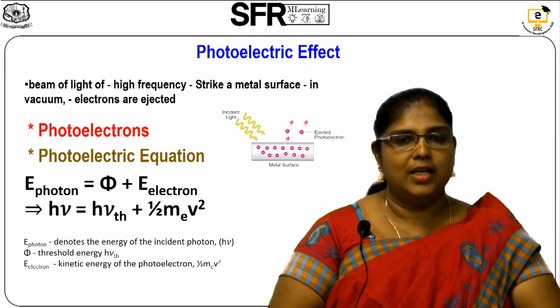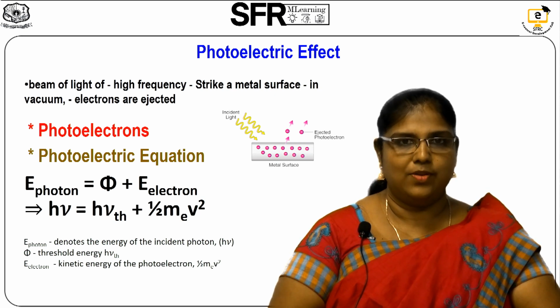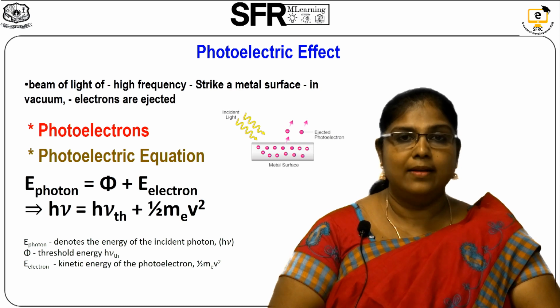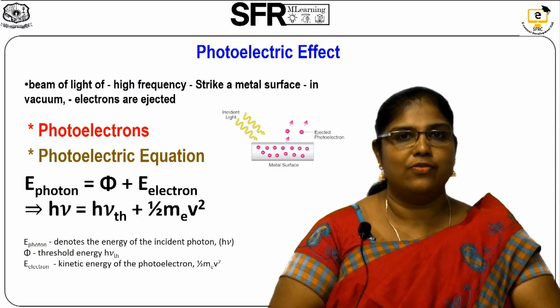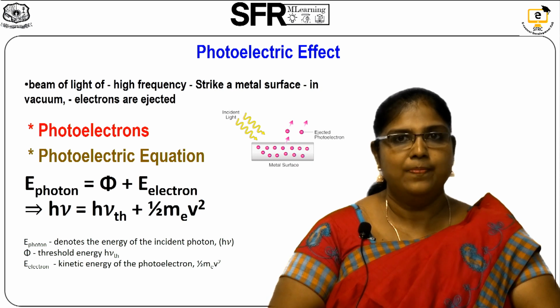So the E photon, the energy we supply, is used for overcoming the threshold energy, and the remaining energy is used by the electron to move, which is taken as kinetic energy. So E photon is equal to phi, which is the work function, plus E electron, where E electron is the kinetic energy of the electron, one half m v square.